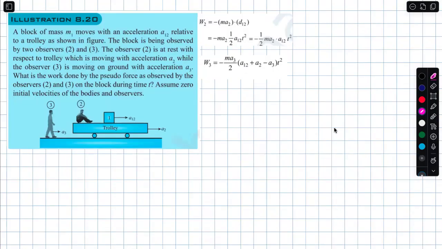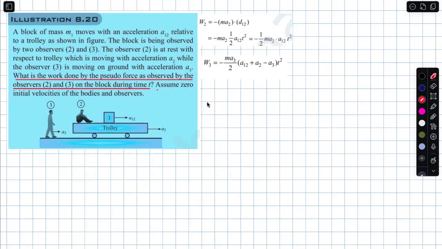The block is being observed by two observers, 2 and 3. What is the work done by the pseudo force as observed by the observers 2 and 3 on the block during time t? Assume zero initial velocities.